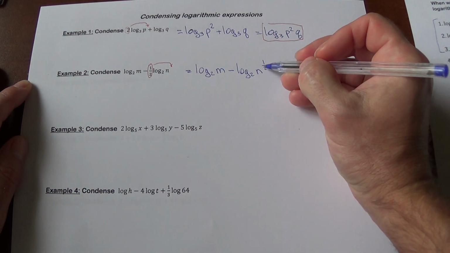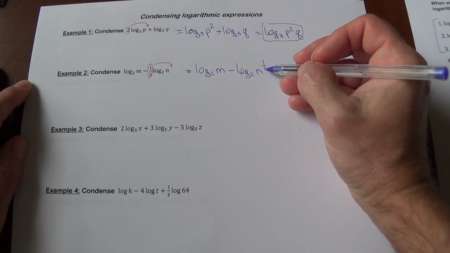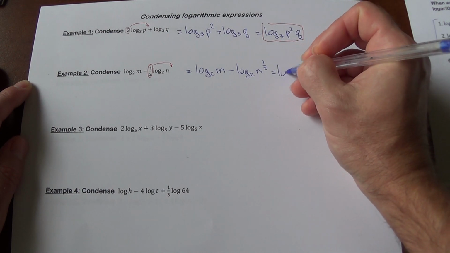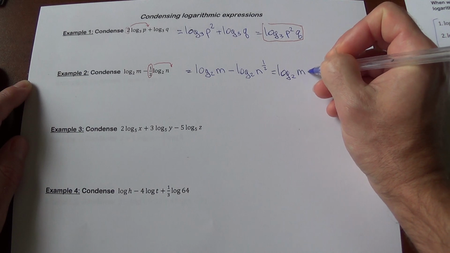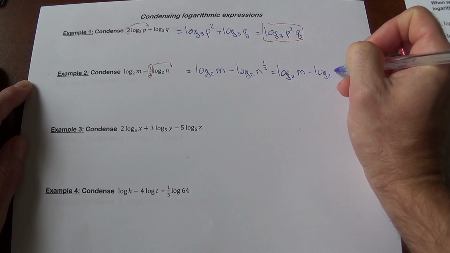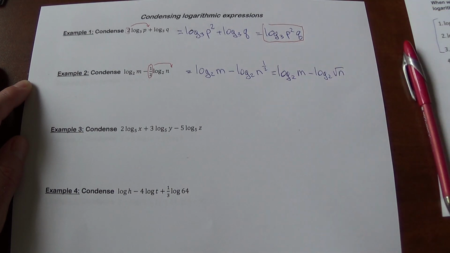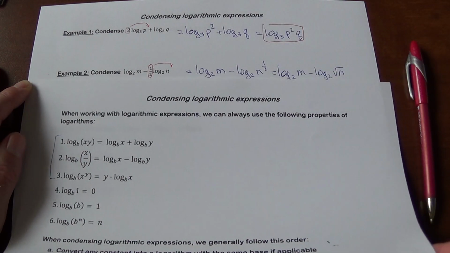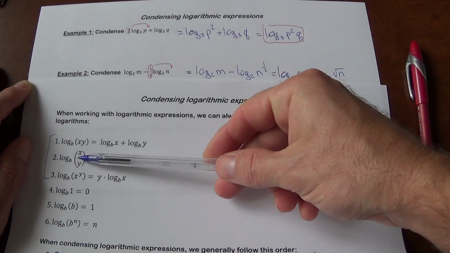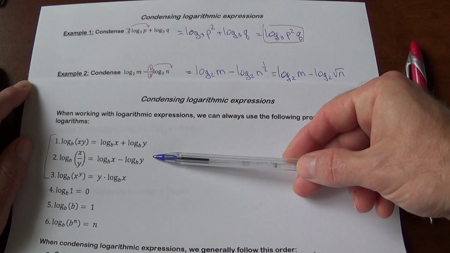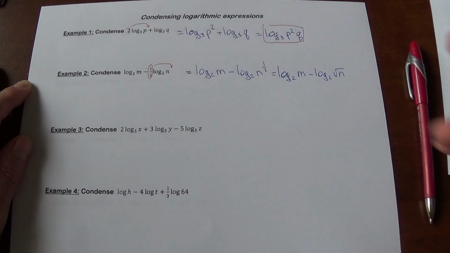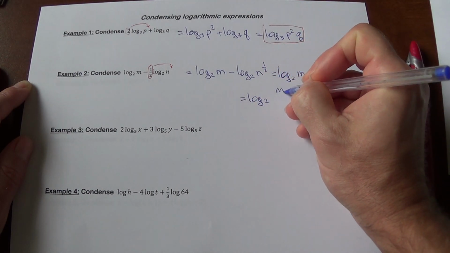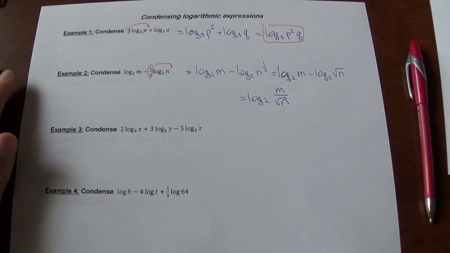It tells us that fractional exponents need to be converted to radicals. This is square root. It's going to become log base 2 of m minus log base 2 of the square root of n. We have a difference. So for a difference, our property is that we convert that into a quotient, right? And we are going to get log base 2 of m over the square root of n.